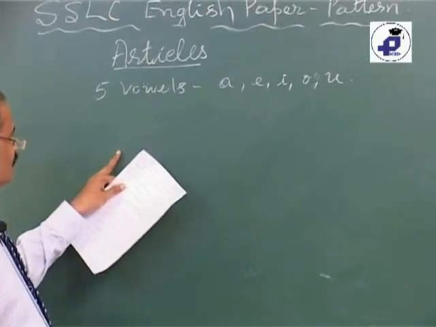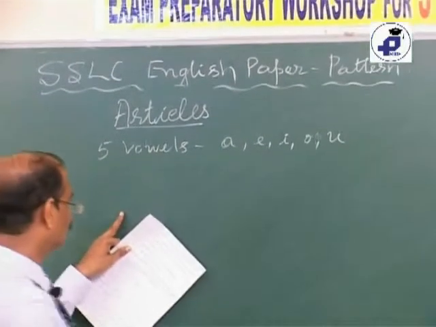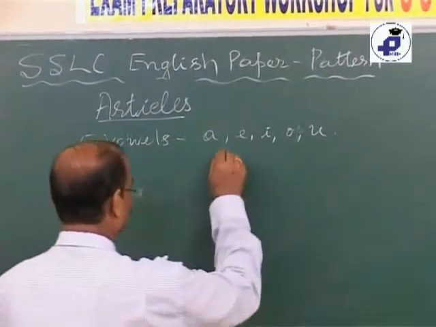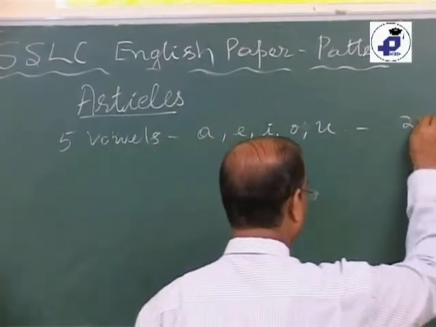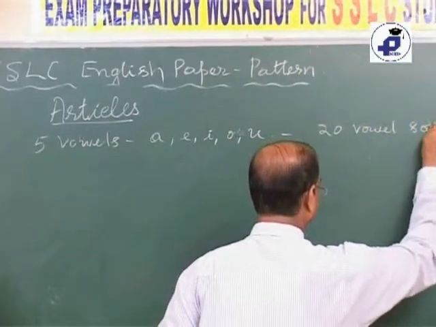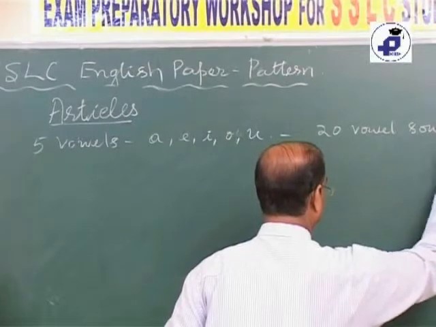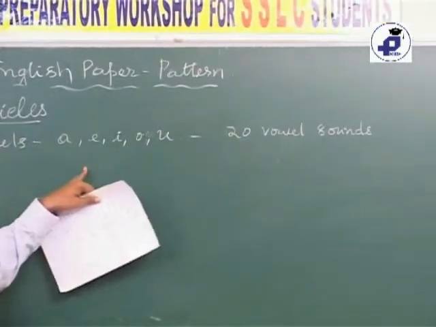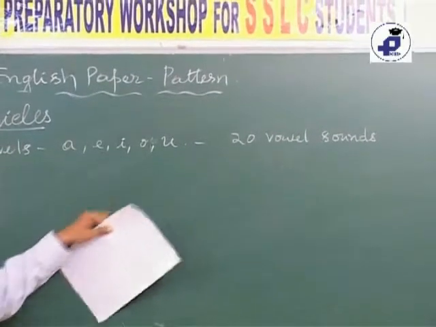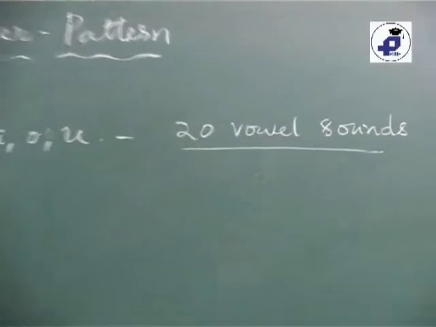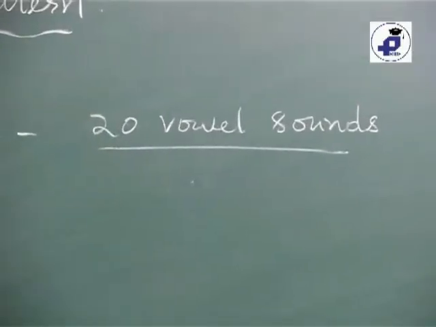Now they are called vowels, and we have 20 vowel sounds. Generally students write the word 'an' before a vowel letter, but it should be written before a vowel sound, not before a vowel letter.